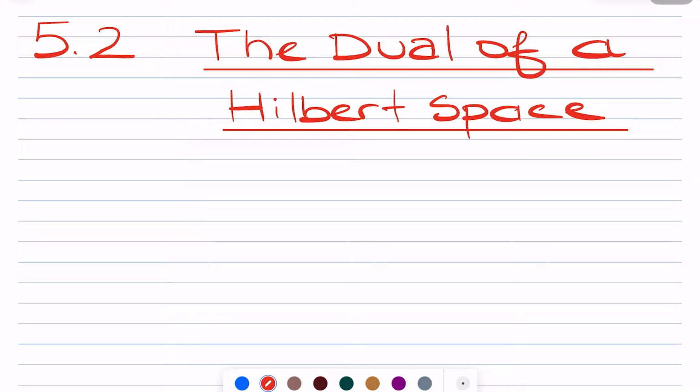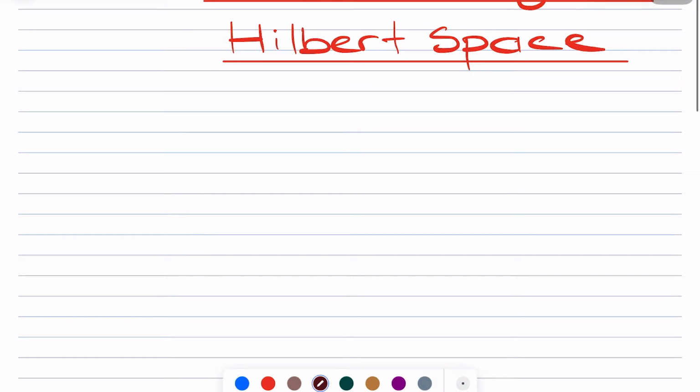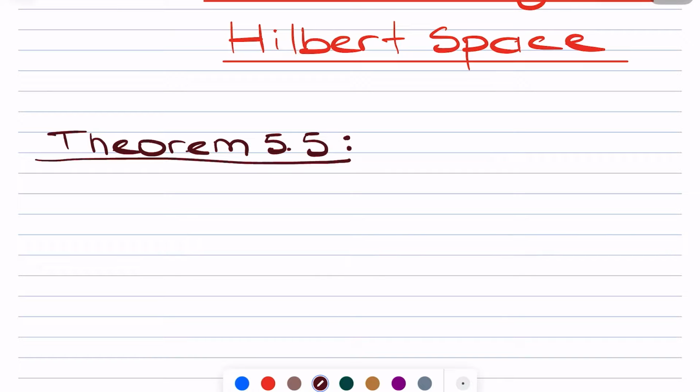So we start with a theorem. In continuation with the previous lecture, this is Theorem 5.5. Looks a bit ugly, but I think that's okay.